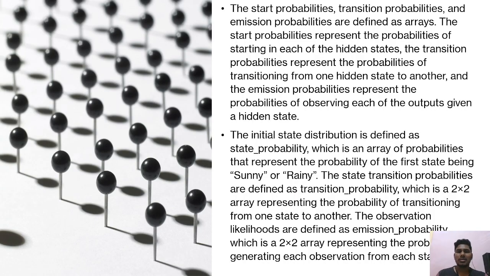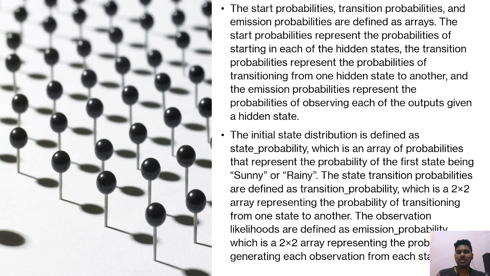Next, the start probabilities, transition probabilities and the emission probabilities are defined as arrays. The start probabilities represent the probabilities of starting in each of the hidden states, the transition probabilities represent the probabilities of a transition from one hidden state to another hidden state, and the emission probabilities represent the probabilities of observing each of the outputs given a hidden state.